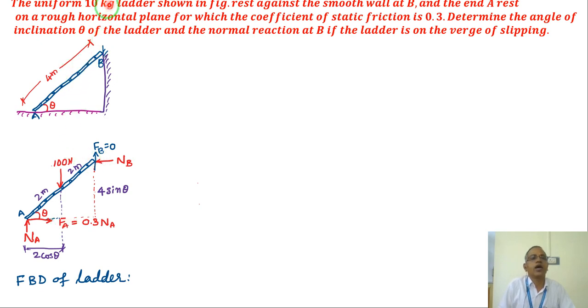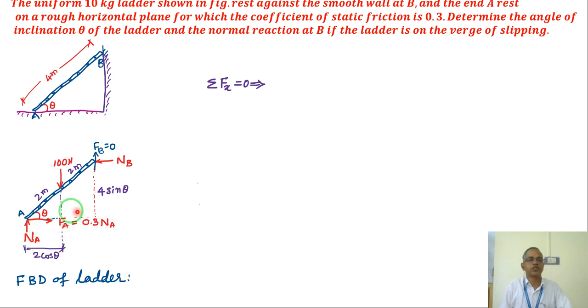And the ladder has a weight of 10 kg, so 10 into 10, which is 100 Newton. So g I am taking as 10, and here since the wall is smooth, friction force is 0. So normal reaction coming from the wall is horizontal, NB, right? So theta we have to find out, very simple. So summation Fx, summation Fy, summation M equals 0 gives me what?